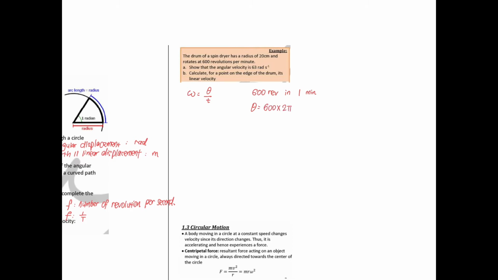So this is the angle. And the time is 1 minute, which is 60 seconds. So we have the theta, we have the time, we put it into the formula, then we get the answer. So the theta is 600 times 2 pi. The time is 60. And then we just need to simplify it by using calculator.